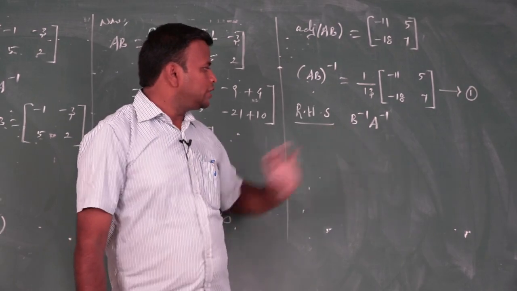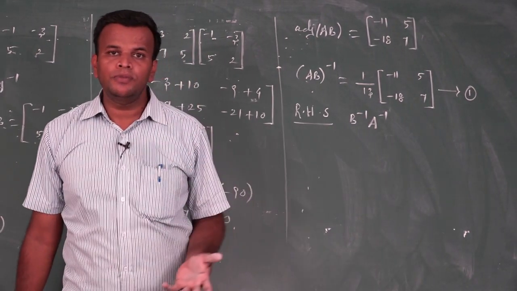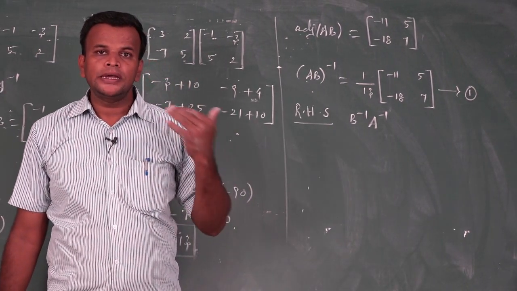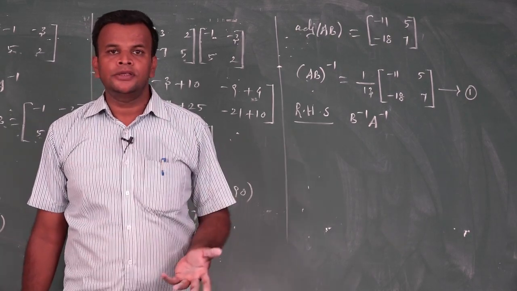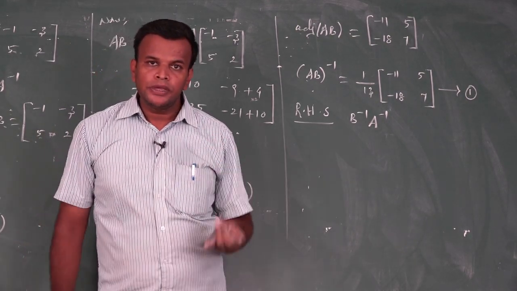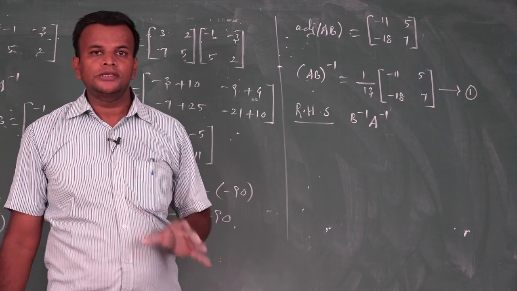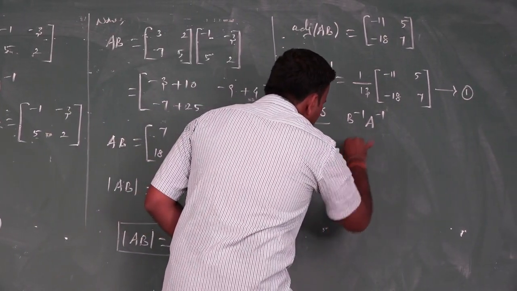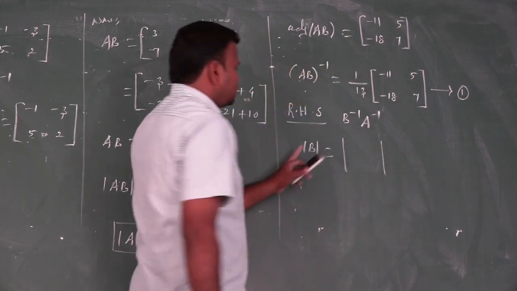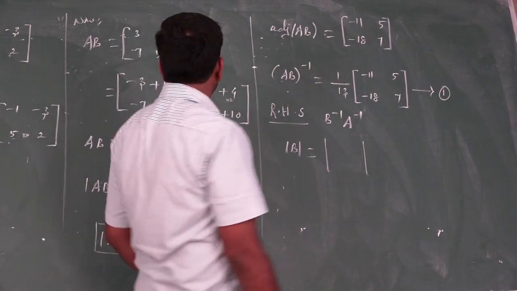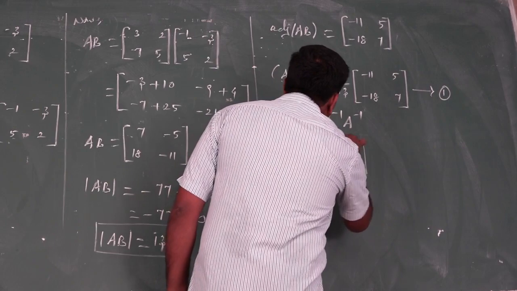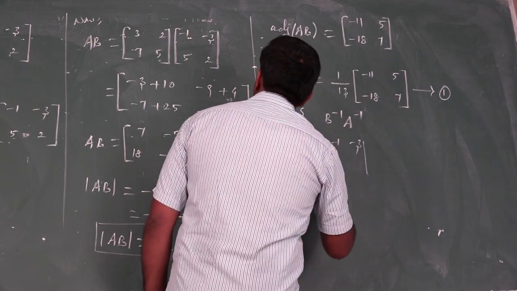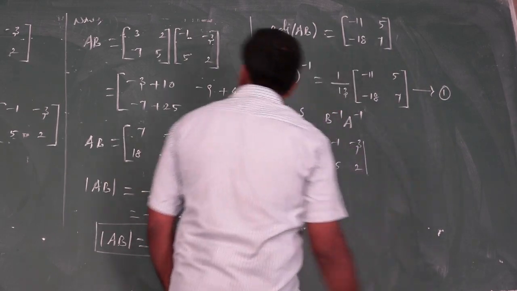What is the formula of B inverse? The formula of B inverse is 1 by determinant B into adjoint B. So we need determinant B and adjoint B. So first we find determinant B. The value of the matrix B is minus 1, minus 3, 5, 2.